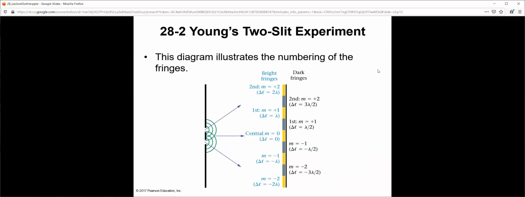And these peaks and troughs, these dark and light fringes, correspond to how long the wavelength is. So m plus 1 corresponds to the length of the actual wavelength, because the wave has to go through its full wavelength to hit another peak, thereby giving you a bright fringe or a dark fringe.